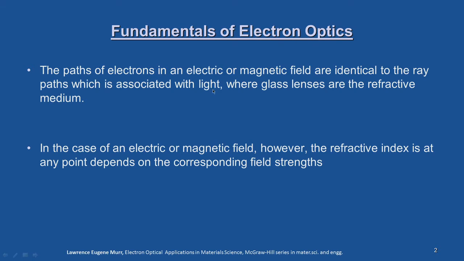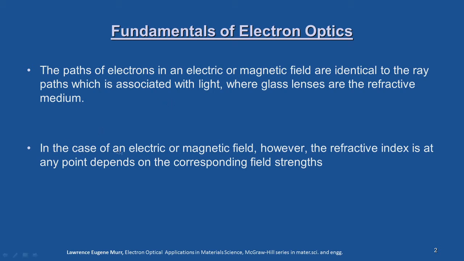In fact, the paths of electrons in an electric or magnetic field are identical to the ray paths associated with light, where glass lenses are the refractive medium. This approach was first made by some German scientists who applied this analogy of the light optical system to the dynamics of electrons in the electron optical system.